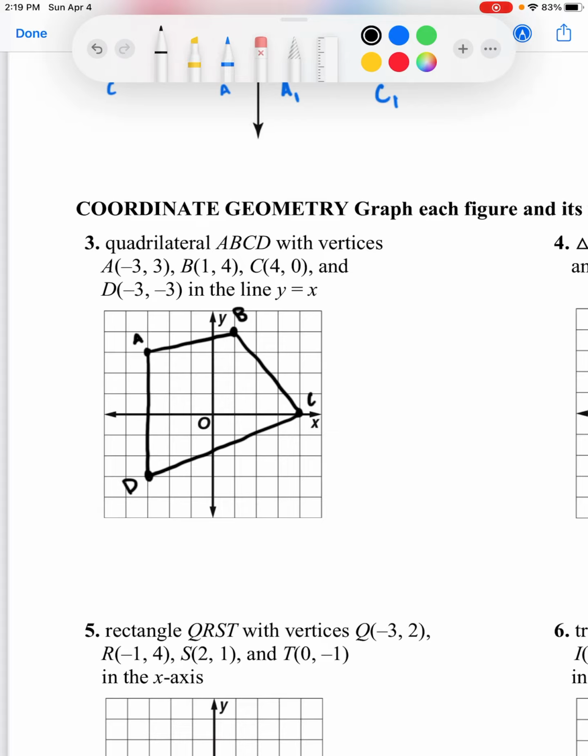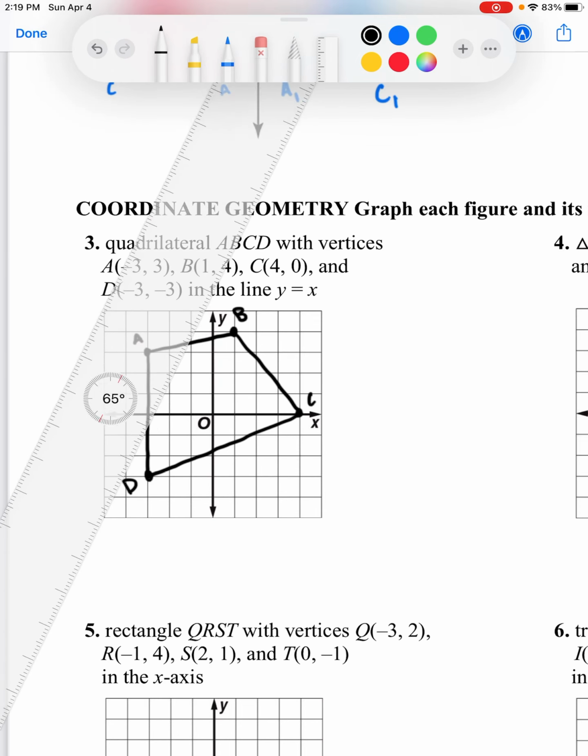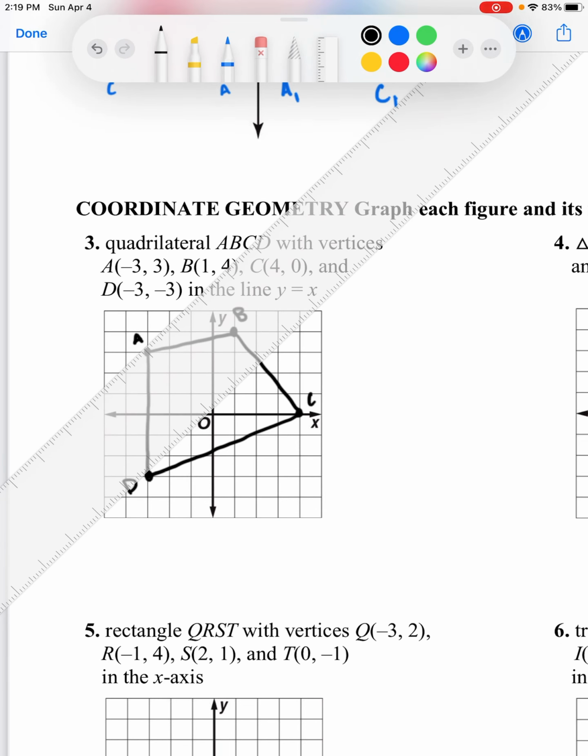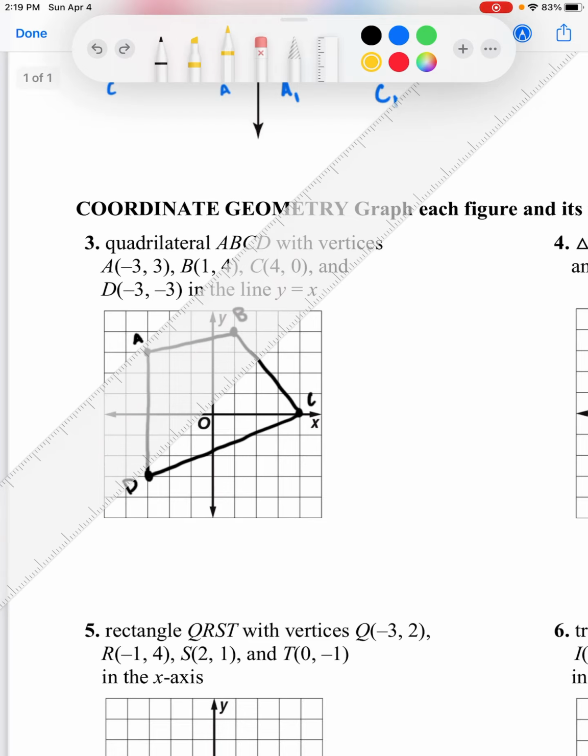And then they tell us we are going to be reflecting it across the line y equals x. So I'm going to draw that in with a ruler just so we have that exactly right, theoretically. I'll do it in a faint yellow just so we can see it, but we don't need to see it all that much.